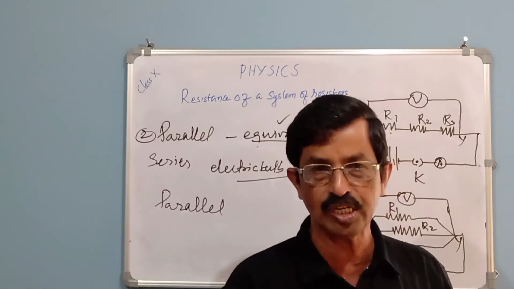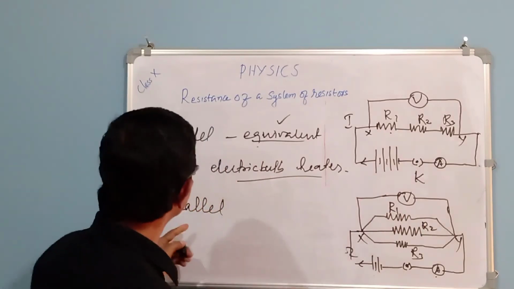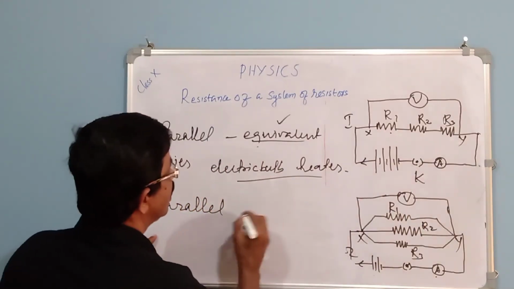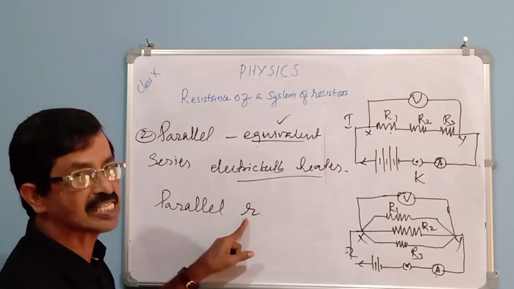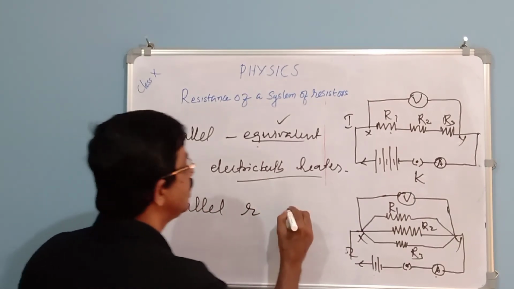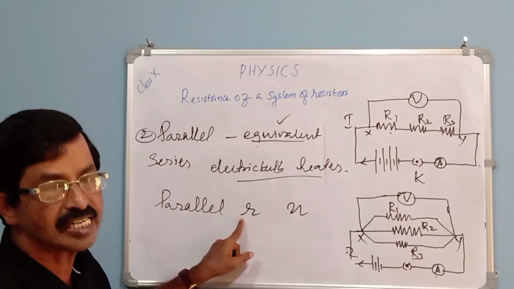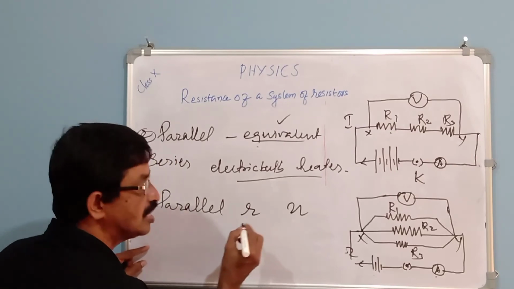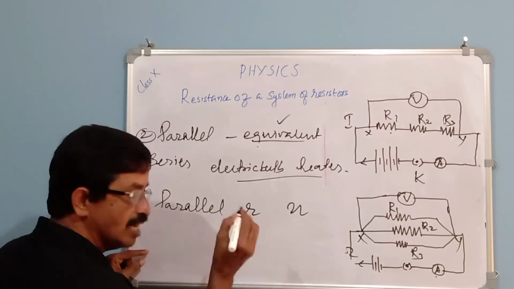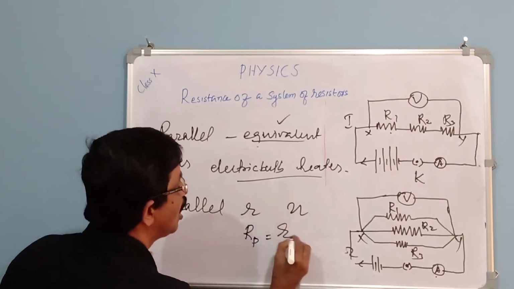That is the advantage. One more thing we want to remember: suppose a number n of resistors of the same resistance are connected in parallel, then the effective resistance in the circuit, Rp, is equal to R by n.